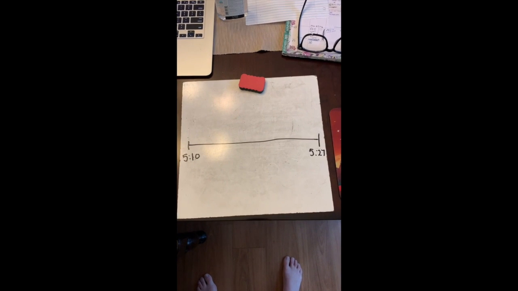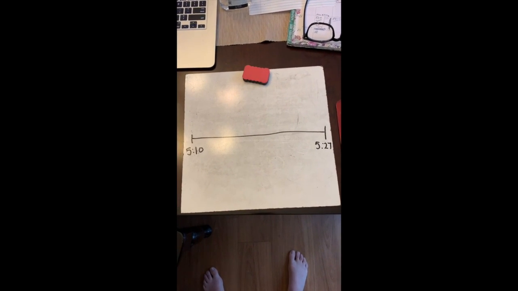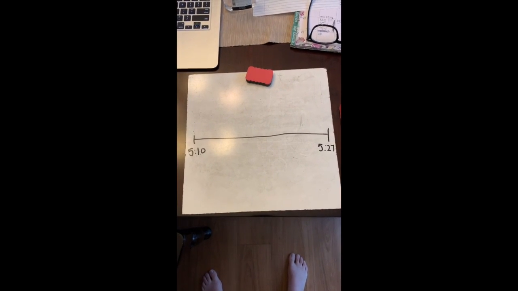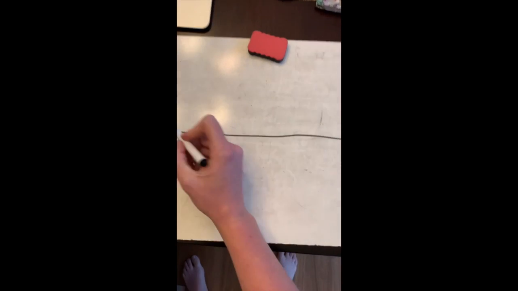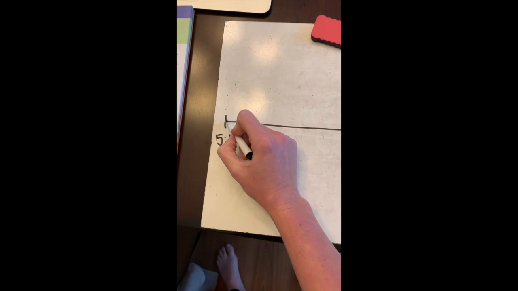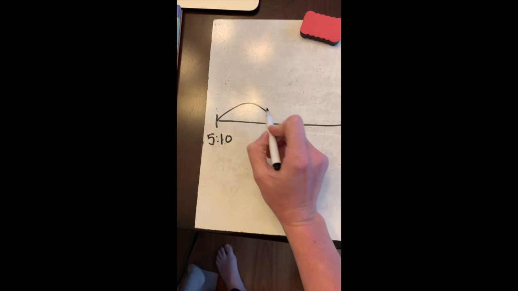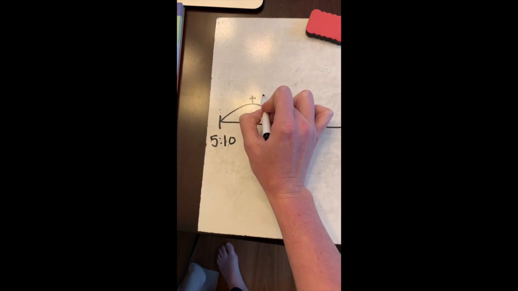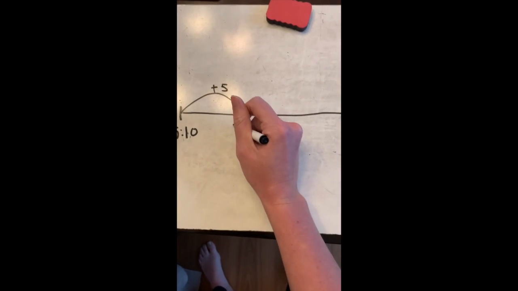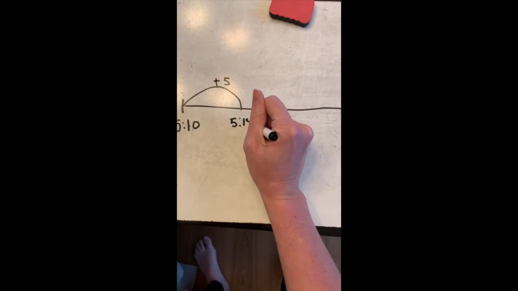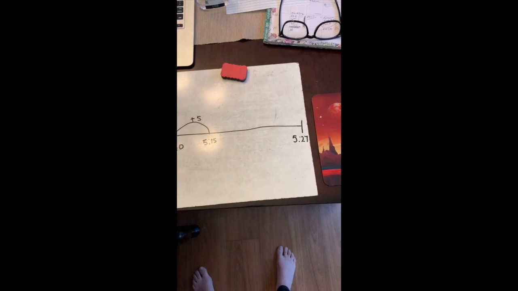I'm going to skip count by 5-minute intervals, just like I did on my clock. So I'm going to skip count from 5:10 plus 5 to 5:15. Am I to my end yet?